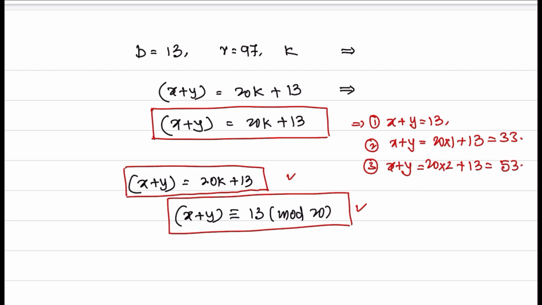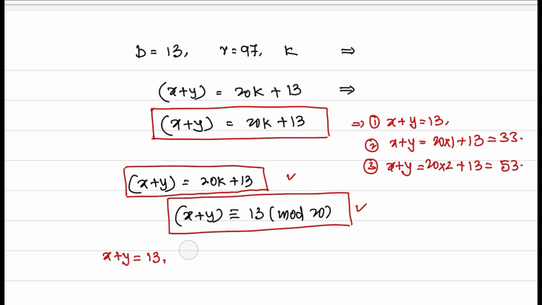Now here we have to find the values of x and y separately. We have got the value of x plus y. Now from x plus y, if x plus y is equal to 13, we can have any combination of x and y. What are the combinations? Pairs we can write.